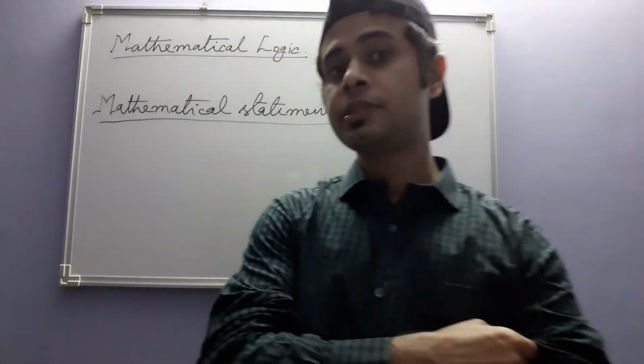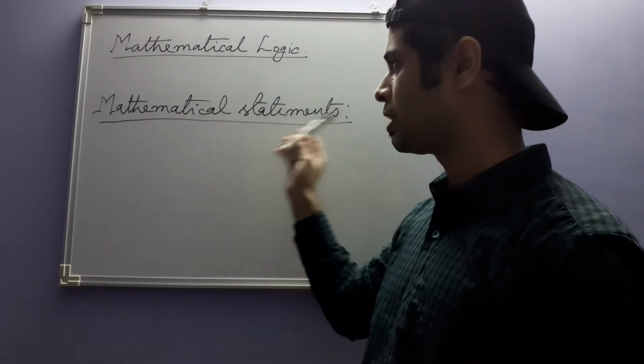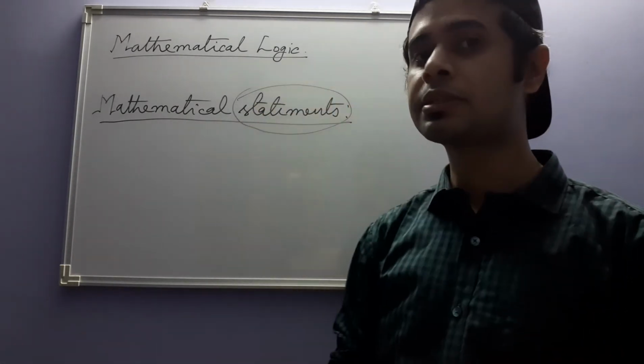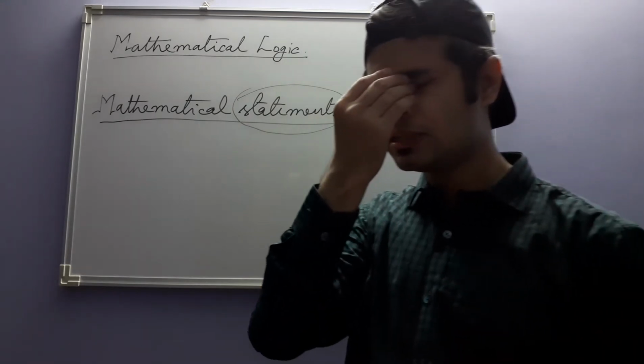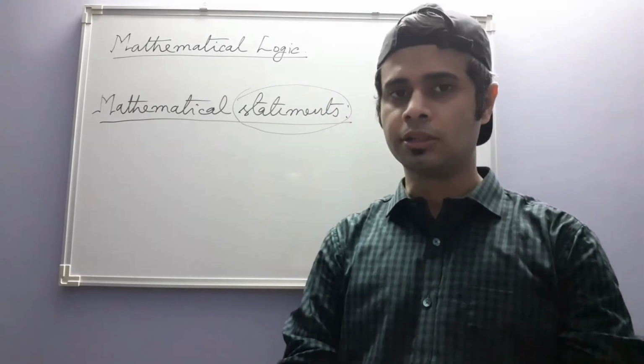By the way, what is a statement? First of all, even before mathematical statements, this comes to mind. What is a statement? A statement is a sentence which is either true or false.